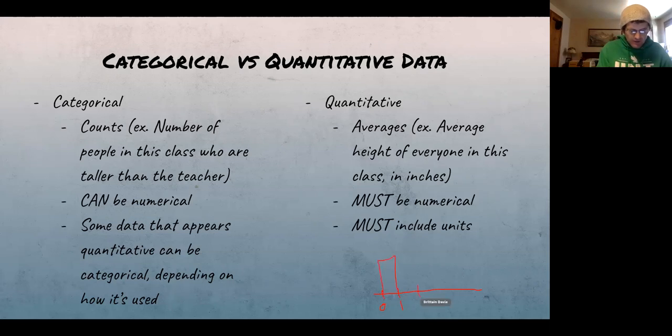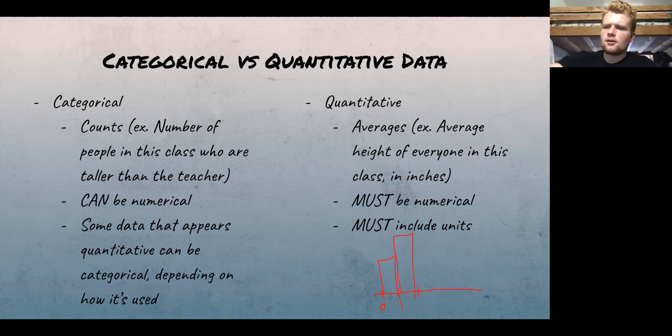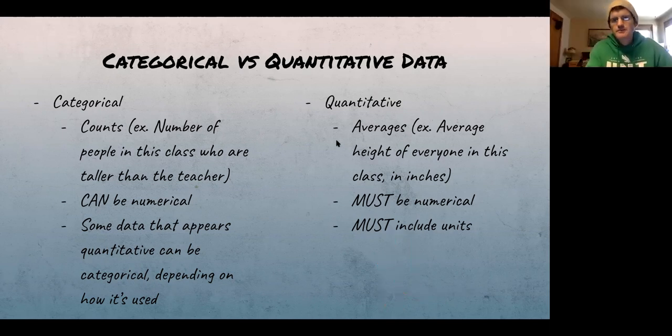From 1 to less than 2, yeah. So there will be things like that. And in a sense, that's kind of turning it categorical, but at that point, we really call it a quantitative data display. Gotcha. Thanks.